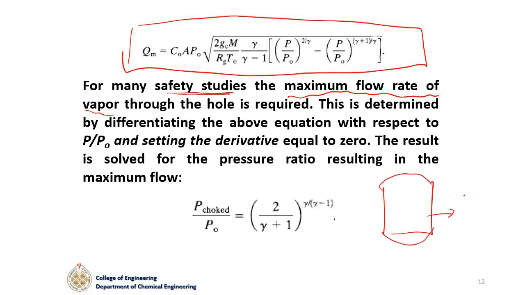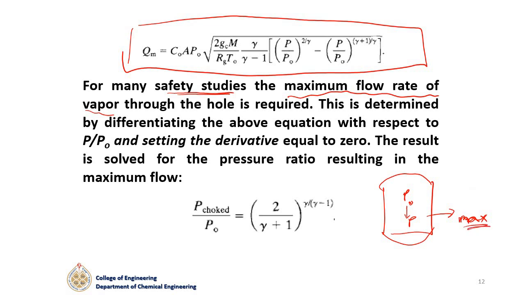If there is an exit here, I want to go to the maximum. And how to calculate this maximum, which we call sonic? We have a certain P naught to a certain P value. What is this maximum that I can get out here?